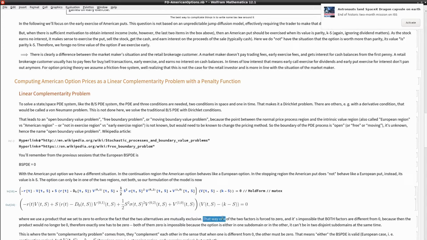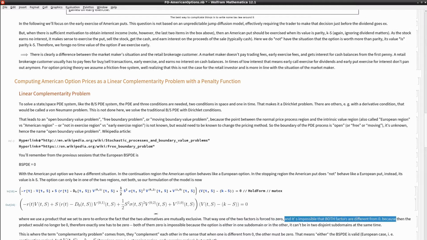That way, one of the two factors is forced to 0, and it's impossible that both factors are different from 0. Therefore, exactly one of them has to be 0. Both being nonzero is impossible, because the option is either in one subdomain or in the other. It can't be in two disjoint subdomains at the same time, right? That's what we enforce by setting a product to 0.